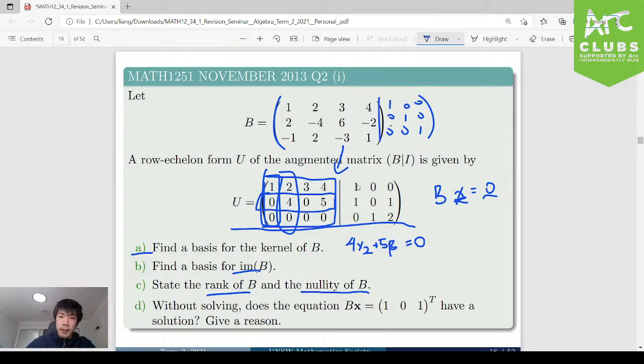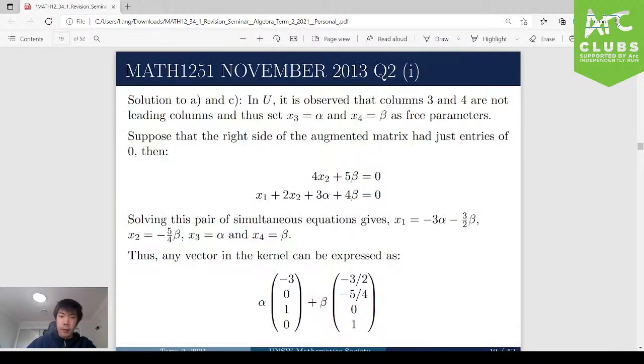So in a sense, you can ignore this stuff at the moment and just treat it as if you had 0, 0, 0 here. So that's where your first line comes from. Your second line, hopefully you can see already, would be x1 plus 2x2 plus 3 alpha plus 4 beta equals 0. That comes from this row here, because you have 1x1, 2x2, 3 alpha, 4 beta. Yep, and that's exactly what we have here.